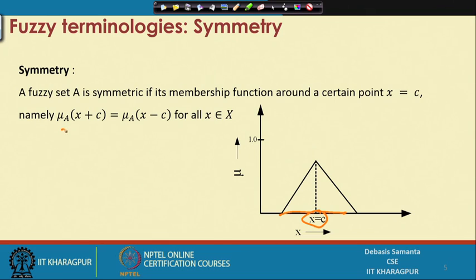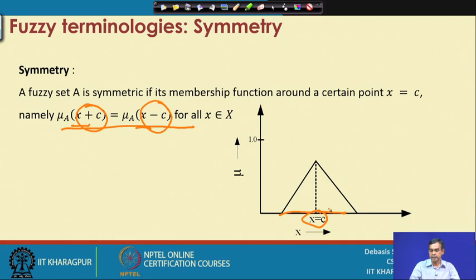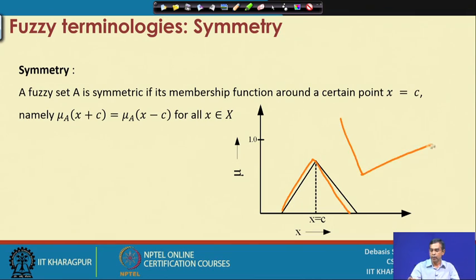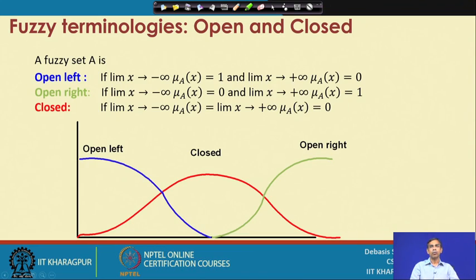Mathematically, if the two elements x plus c and x minus c have the same values for all elements x that belong to this set, then we can say such a fuzzy set is symmetric. In other words, a symmetric set is symmetric in form, but if we draw one like this, it is not symmetric, because some elements may not have the same values. So, this is the concept of a symmetric fuzzy set.